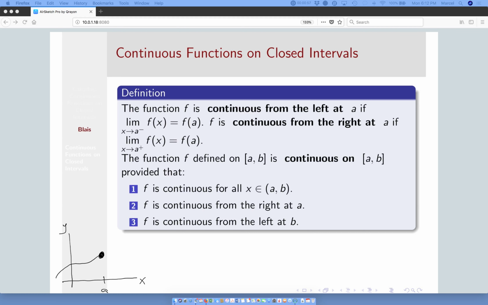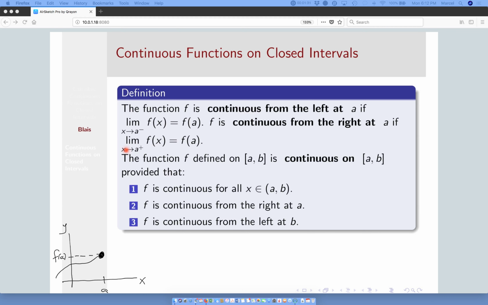We only care about the function value at a, so this being f of a, and the one-sided limit from the left equaling f of a. And that's exactly this condition here. So this is an illustration of the idea of f being continuous from the left at a. So the function evaluated at a matches the limit as x goes up to a from the left of f of x.